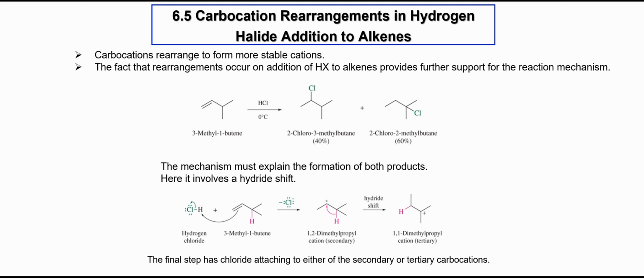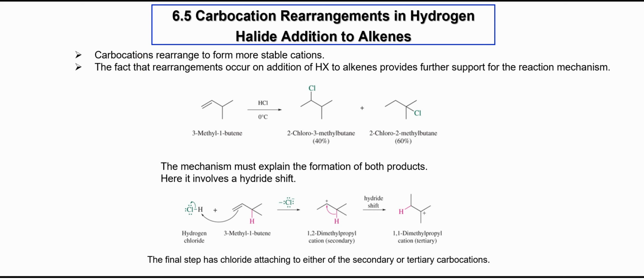So we give you a little bit more example about carbocation rearrangement. For example, if I have 3-methyl-1-butene reacted with HCl, you want your carbocation to be more stabilized.